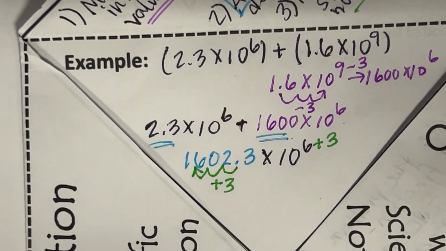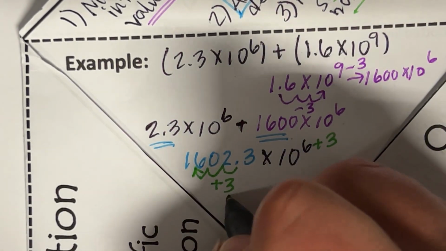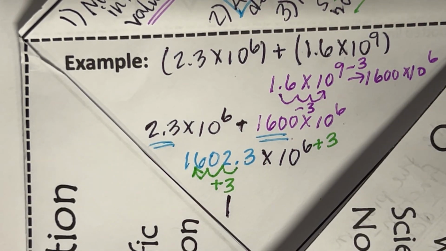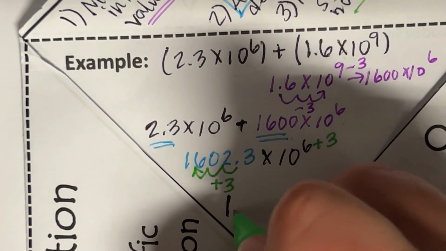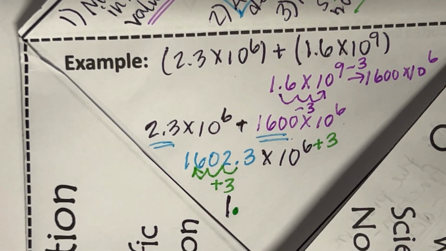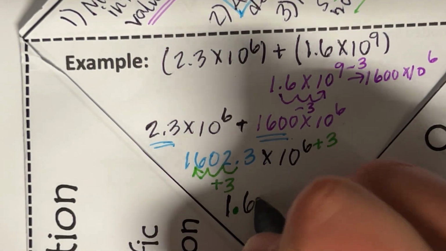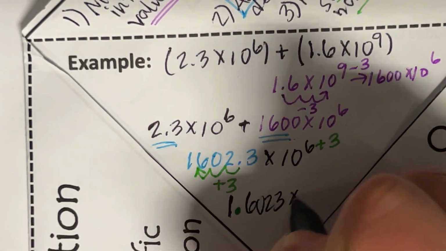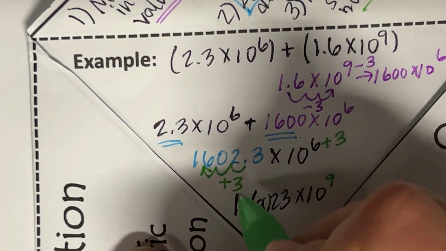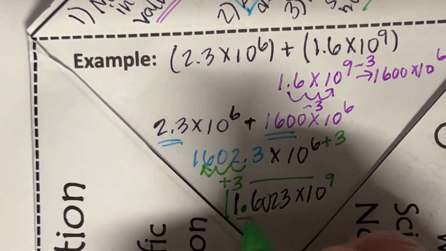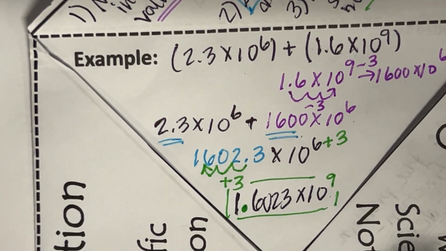So now when I rewrite all of this, I'm going to put my decimal point in here so I can see that I shifted it. I did my decimal point in green. 1.6023 times 10 to the 9th power. Now that is written in scientific notation.